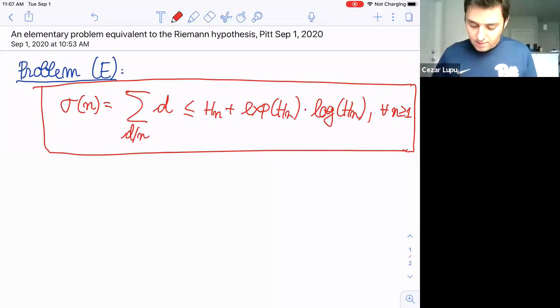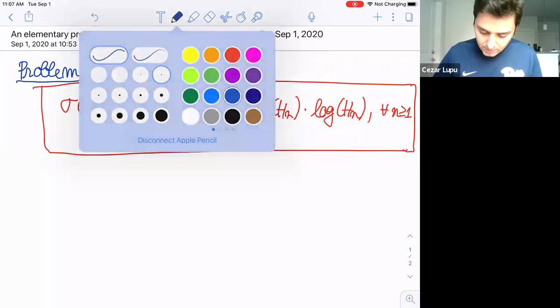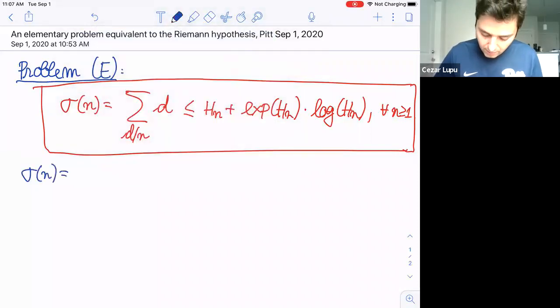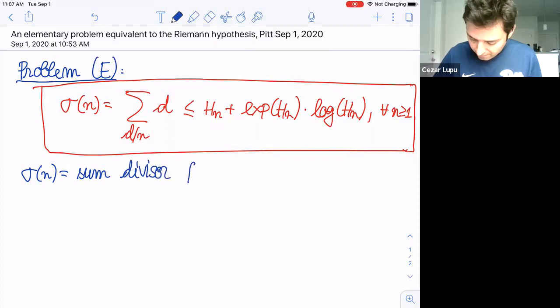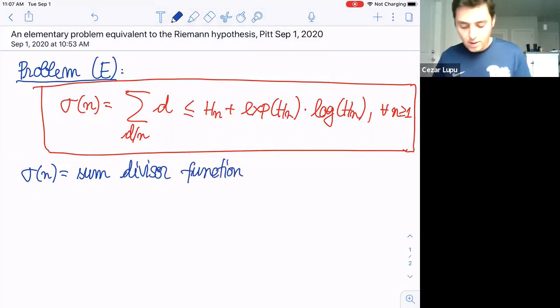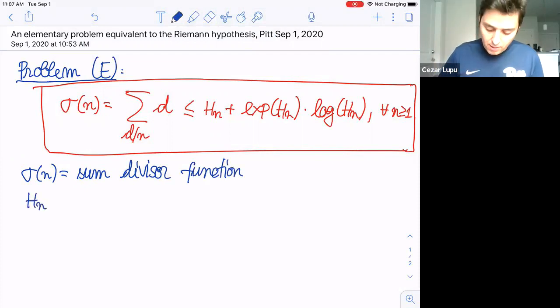As you can see here, sigma of n is the sum divisor function, right? You learn about this in any elementary number theory course. And Hn is the harmonic number or harmonic sequence.